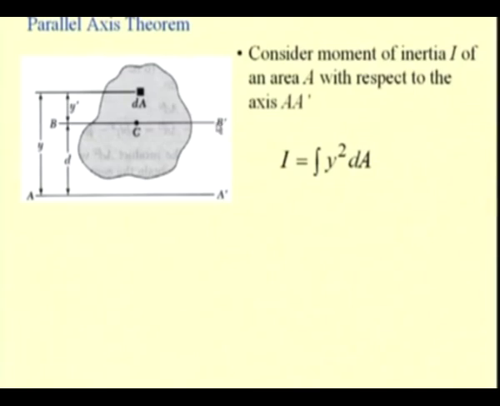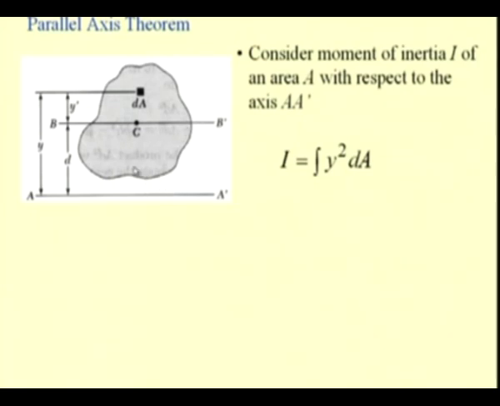So, let us consider in this case this axis B prime, which is a centroidal axis, that means it passes through the centroid C of a given area. That means the first moment of the area with respect to this axis B prime is 0.